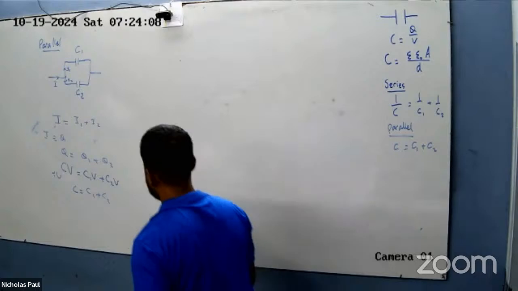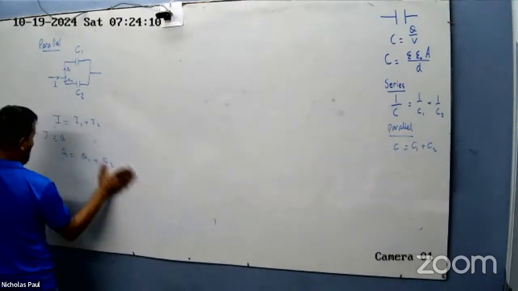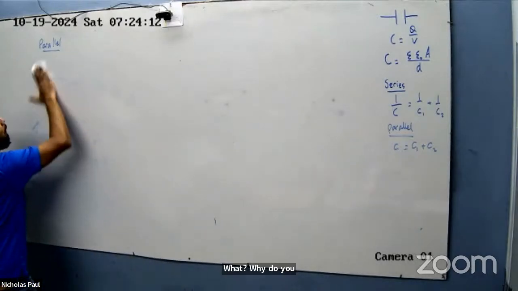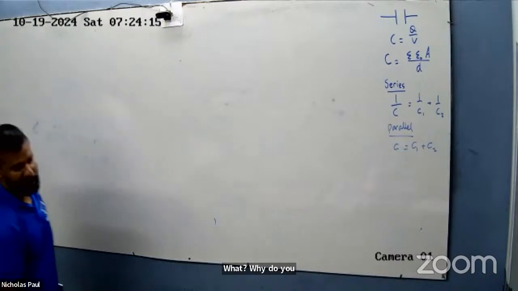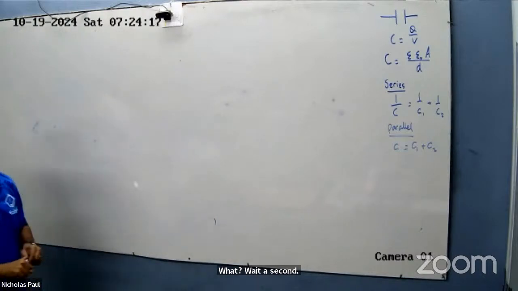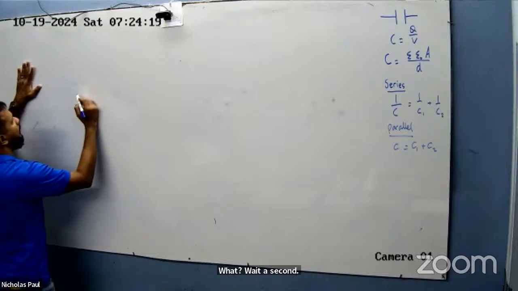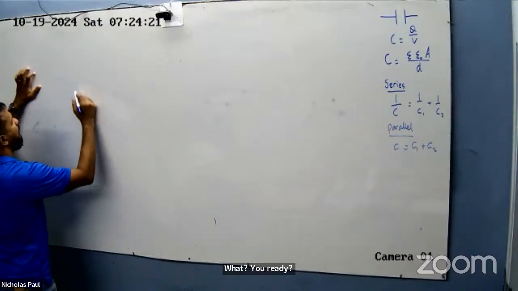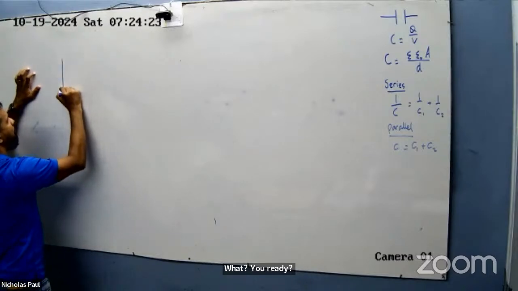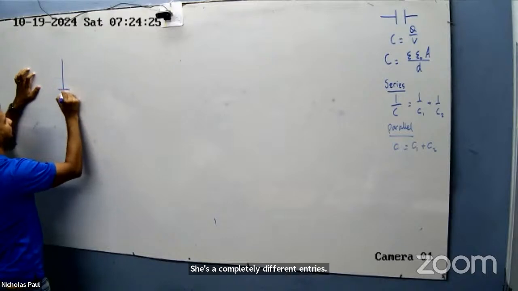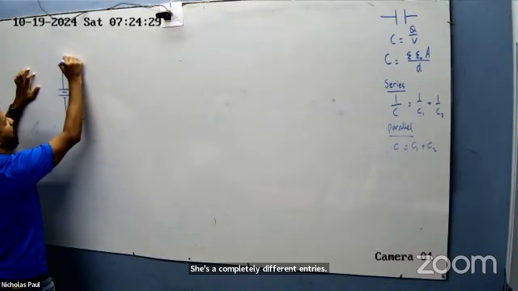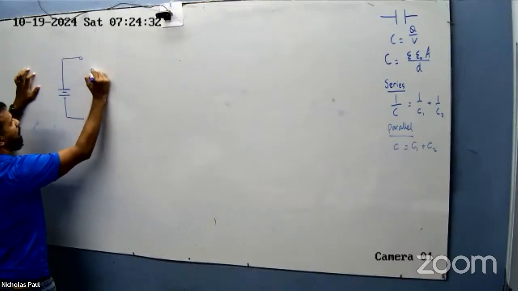Wait a second. Why do you think carpets are there? These are completely different entities. Like, what is this? You see that? Hi, stars. Hey, we don't know who's on there. So we can check the participants.